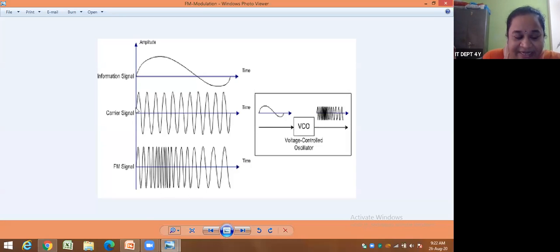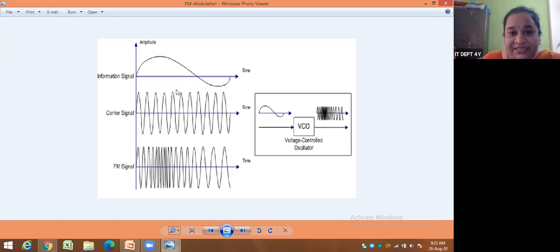That is, if the carrier signal has 1, 2, 3, 4, 5, 6, 7 cycles before it changes from positive to negative side, that is nothing but the carrier signal having a frequency of 7 cycles per positive side of a signal. Here it has been changed to more cycles before it changes from positive to negative side, to represent the maximum amplitude of the information signal and the maximum span of time.